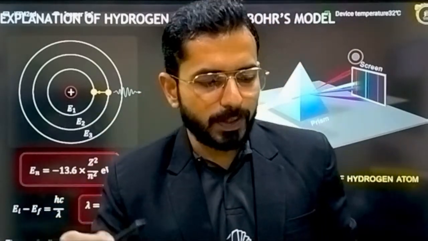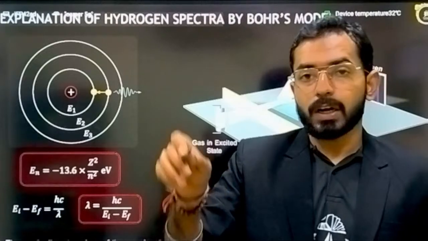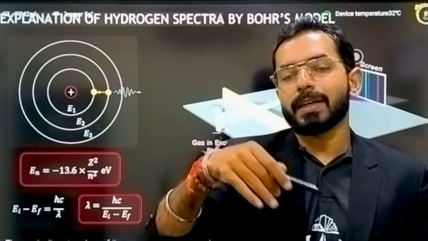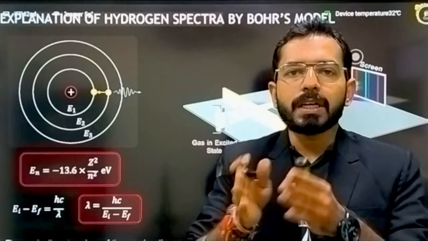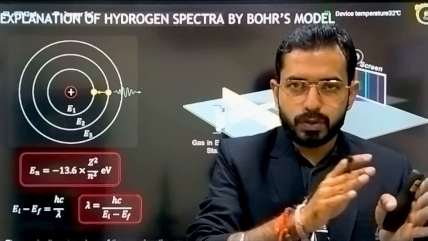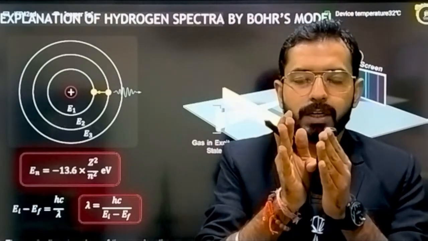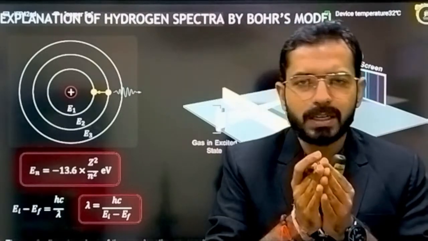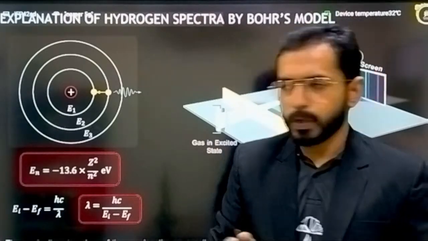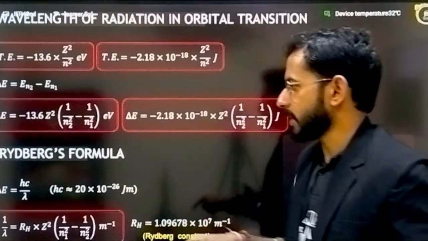It is released in terms of photons, and according to that lambda I can create a spectrum. Every color has a different wavelength, so according to the wavelength you get, you will have different spectrum lines or different colors observed on a screen. That is what we are going to understand.